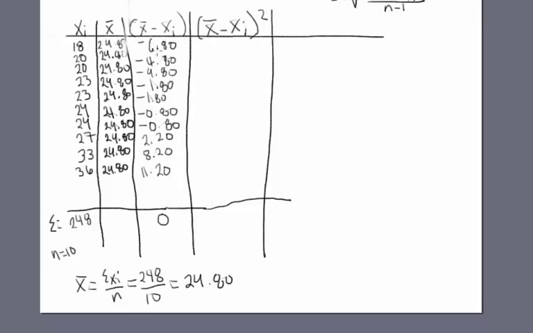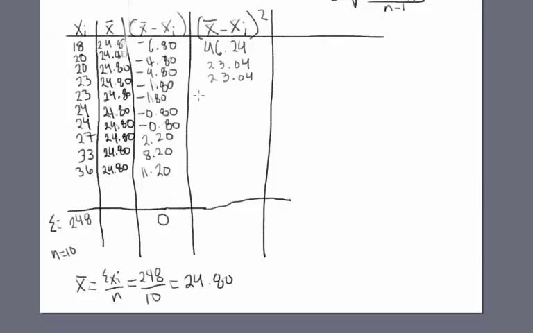So if I take negative 6.80 and I square it, I'll get 46.24. If I take 4.80 and square it, I get 23.04. Again, 4.80 squared is 23.04.